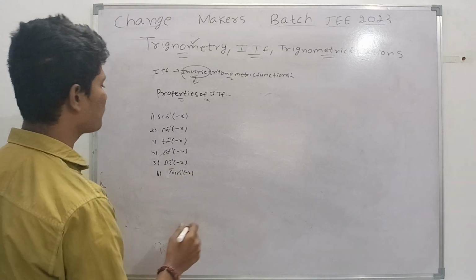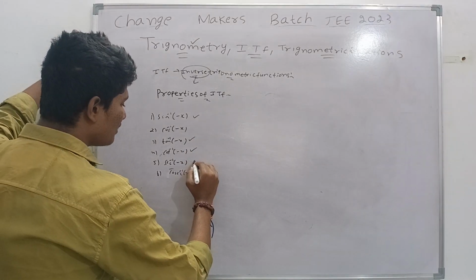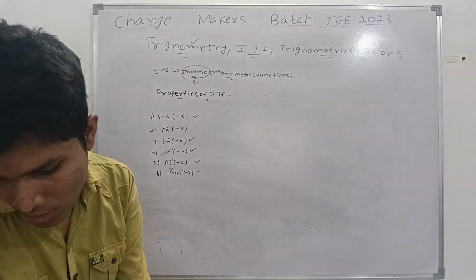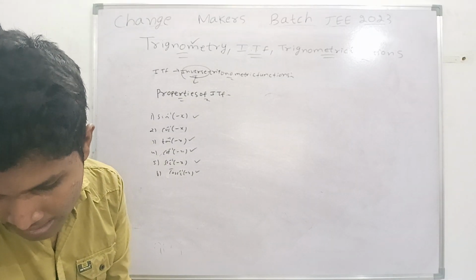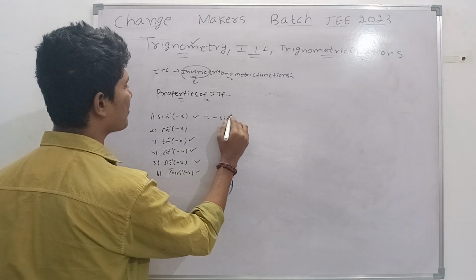If you observe sin inverse, tan inverse, cot inverse, secant inverse, cosecant inverse, you can definitely say that all of these will emit the minus to the outside.